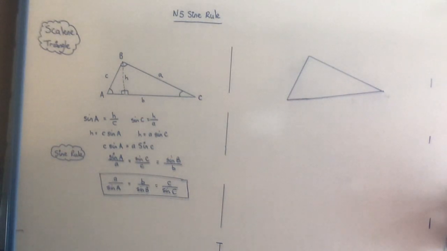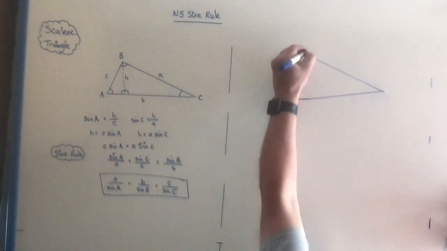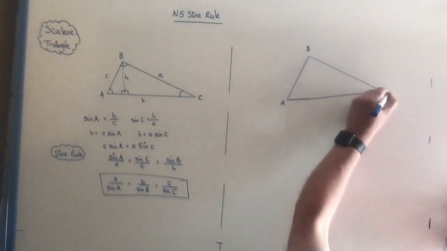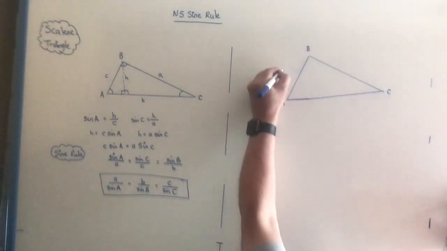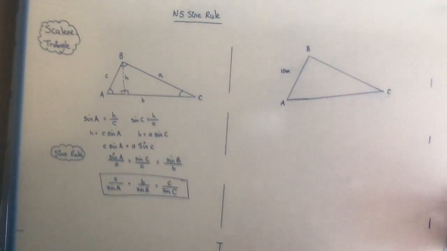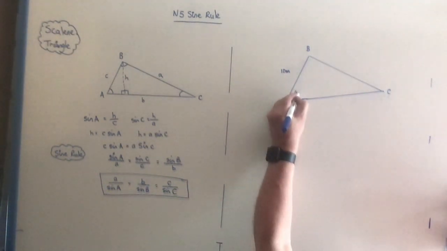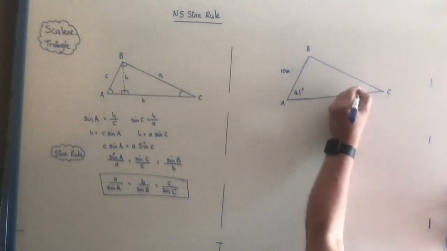So I'm going to show you the first one that I want to do, and it's to find our length. Okay, so we're just going to call this A, B and C again, make it nice and easy. And I'll put in 10 metres I think for this one. And we'll give two angles, 41 degrees and 34 degrees.